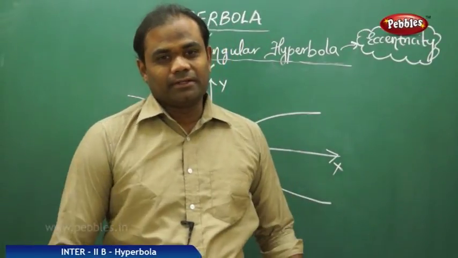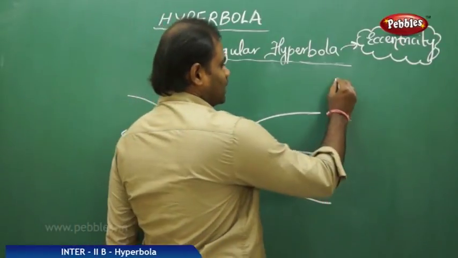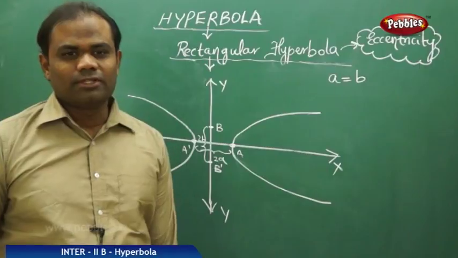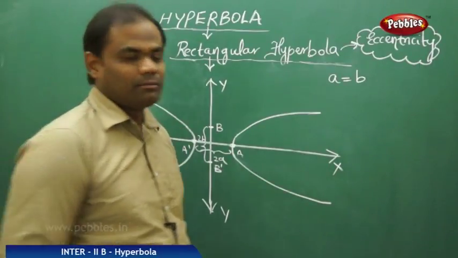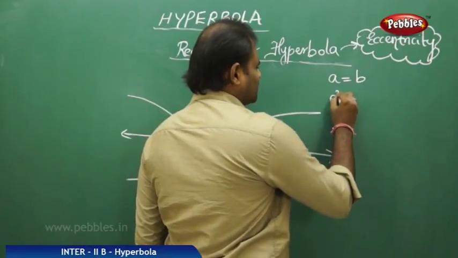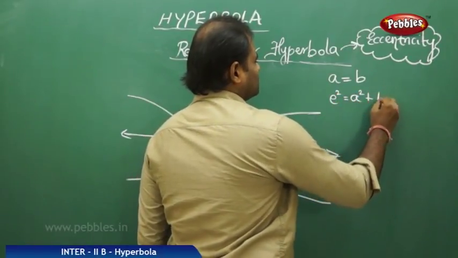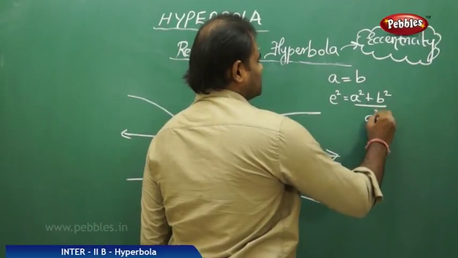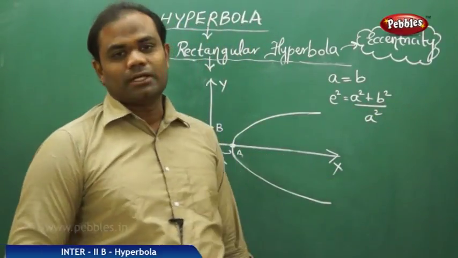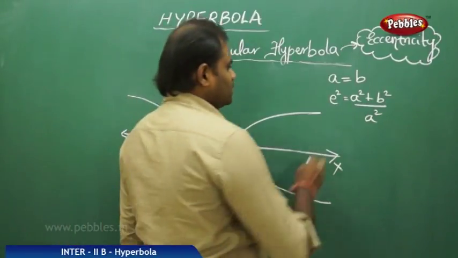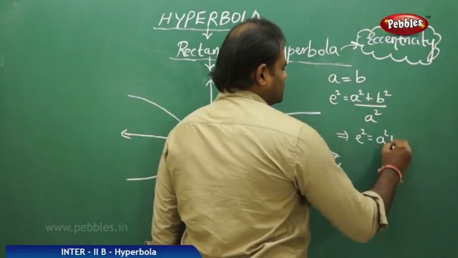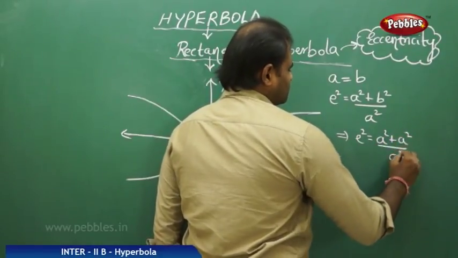Now let's find the eccentricity of the hyperbola. The condition is A equal to B. The eccentricity is related by e squared equals A squared plus B squared by A squared. Now A equal to B implies e squared reduces to A squared plus A squared by A squared.